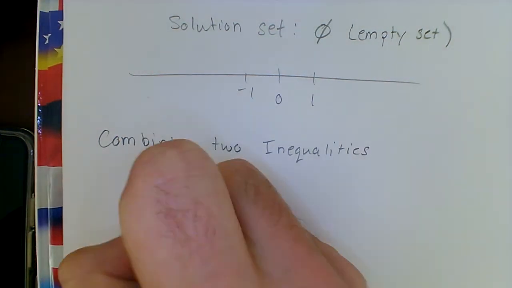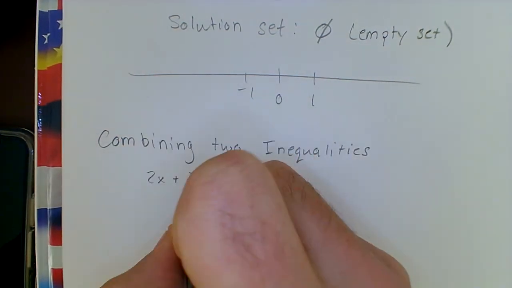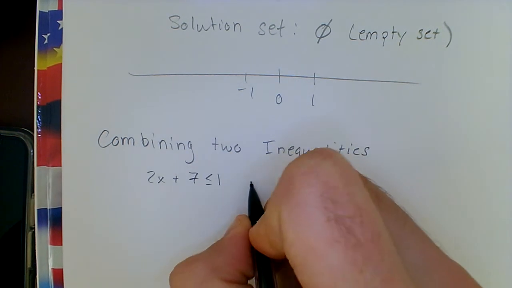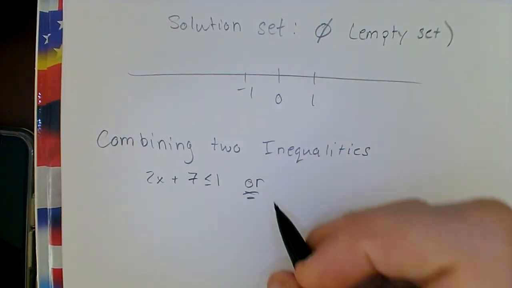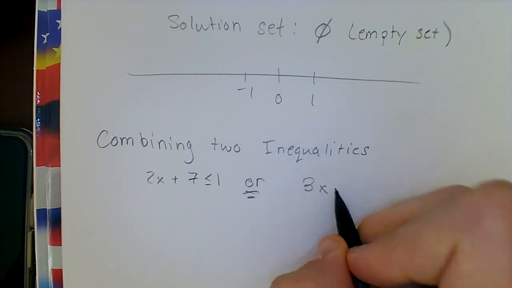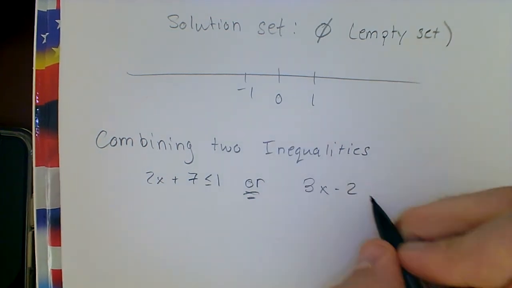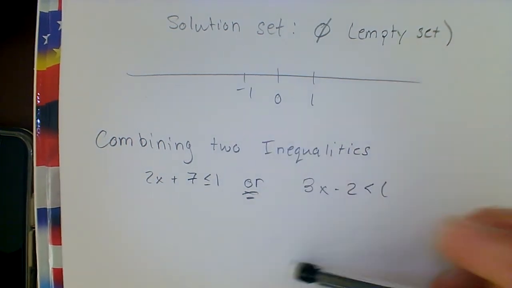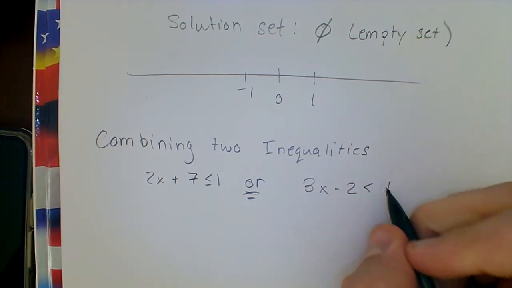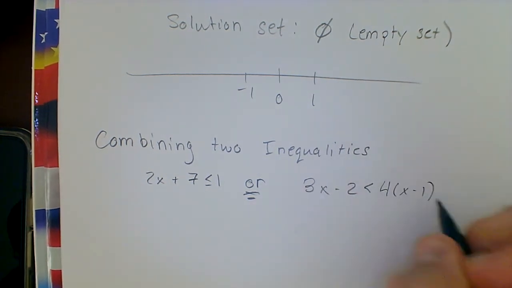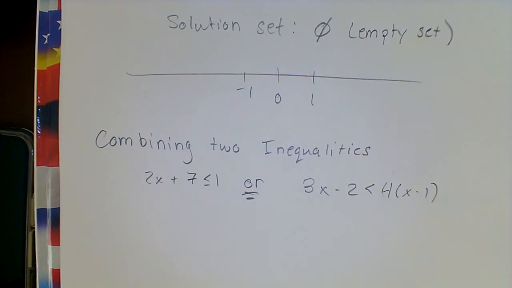So we get 2x plus 7 is less than or equal to 1, and this is very important, it's either or and, 3x minus 2 is less than 4 times x minus 1. So we have to solve both of these.